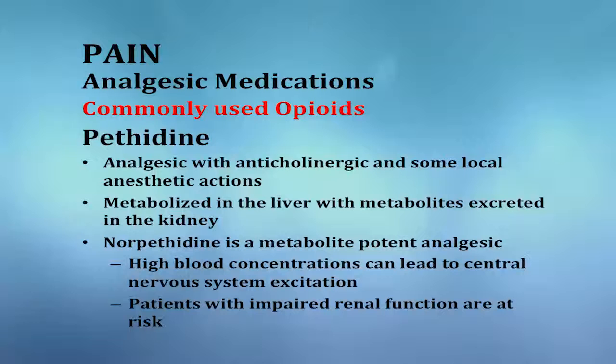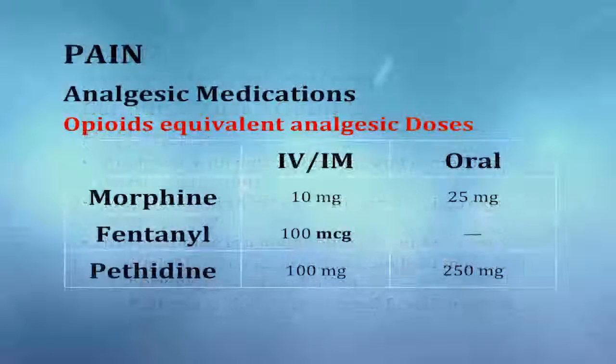The third group are the pethidines. They have an analgesic effect with anticholinergic effect and some local anesthetic action as well. They are metabolized in the liver with metabolites excreted in the kidney, and norpethidine is a potent analgesic metabolite. So high blood concentration can lead to central nervous system excitation, and patients with impaired renal function are at high risk of developing this side effect.